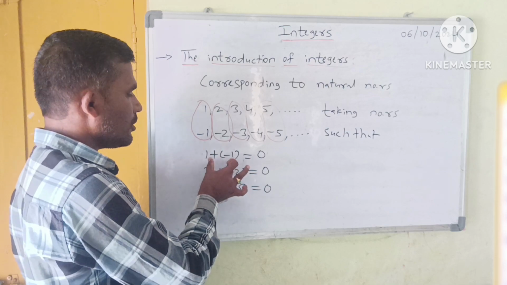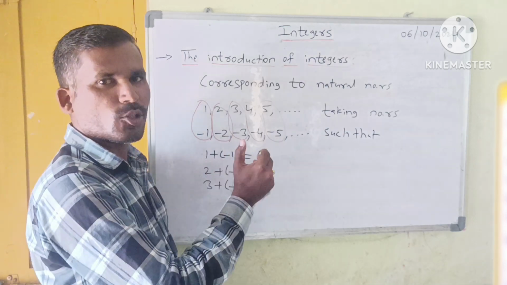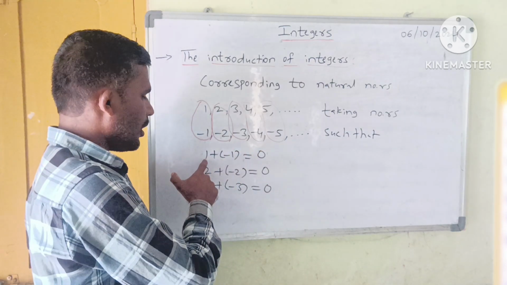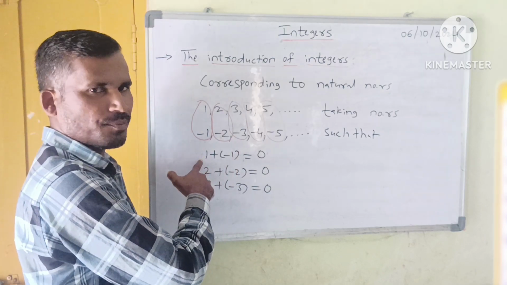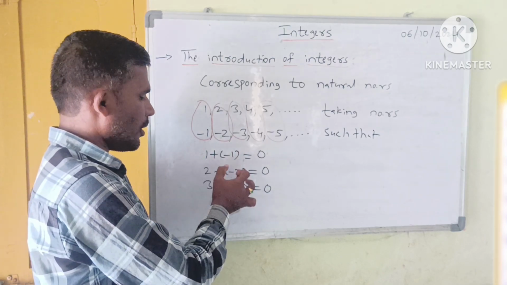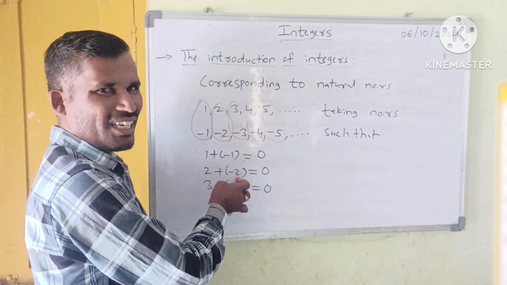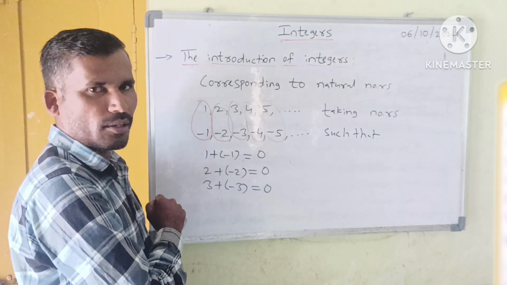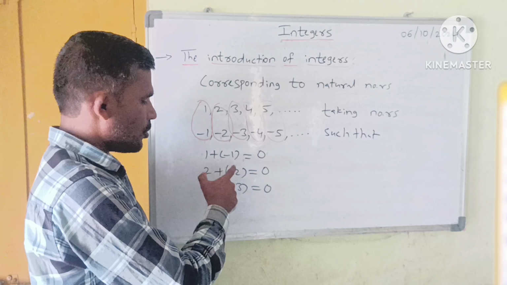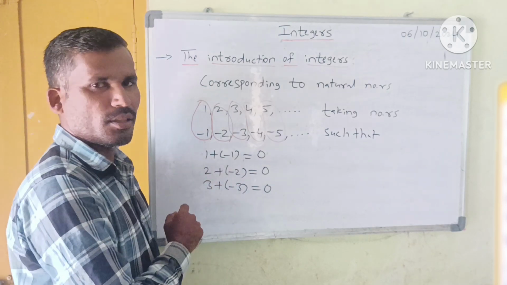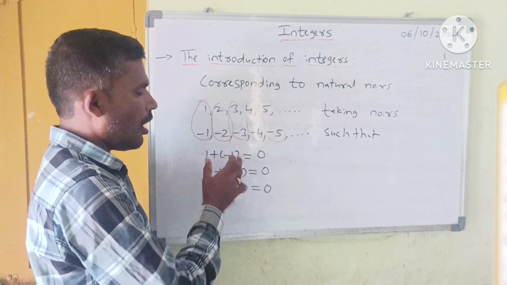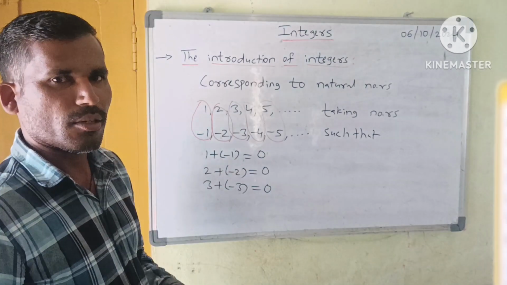So these are called opposite to each other. 1 is opposite to minus 1, minus 1 is opposite to 1. 2 is opposite to minus 2, minus 2 is opposite to 2. 3 is opposite to minus 3, minus 3 is opposite to 3.